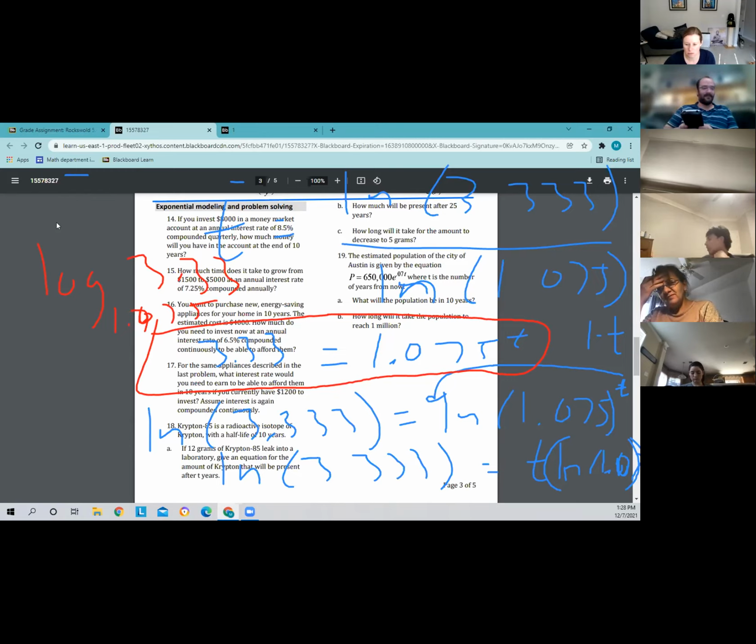And then I'd have to use the change of base formula, so I'd end up with basically the same thing. If I do ln of 3.3333 over ln of 1.075, I should be getting something like 16.647, 16.65, I think, when I crunch that.